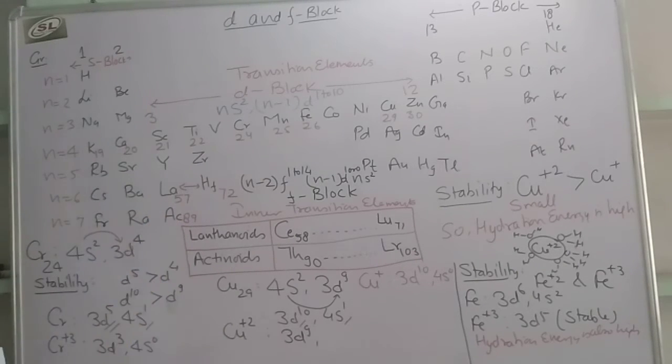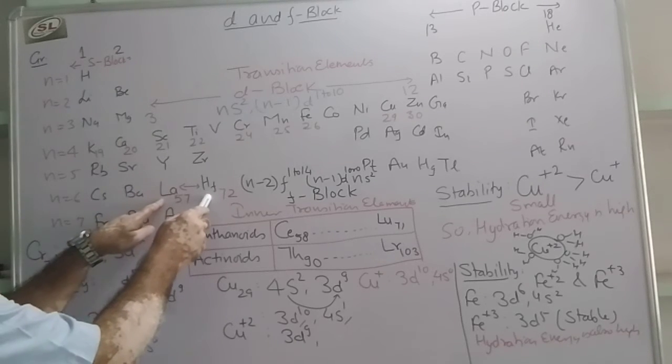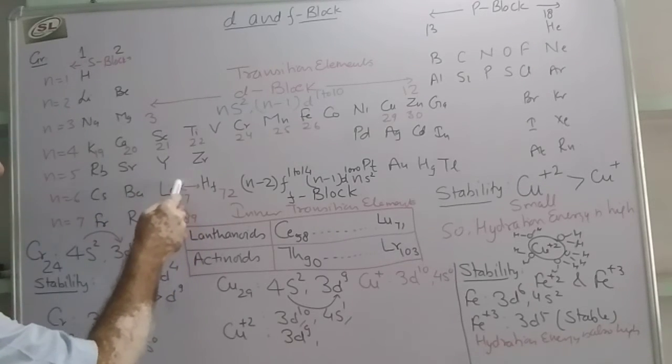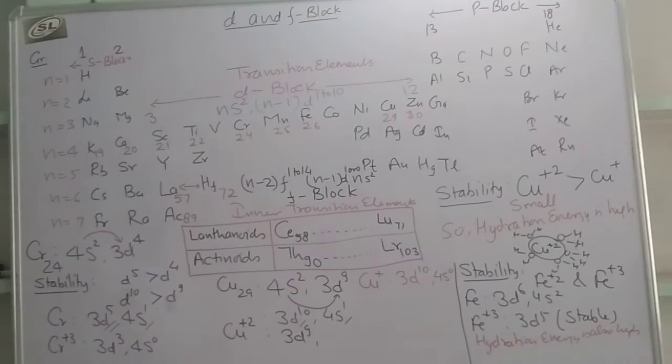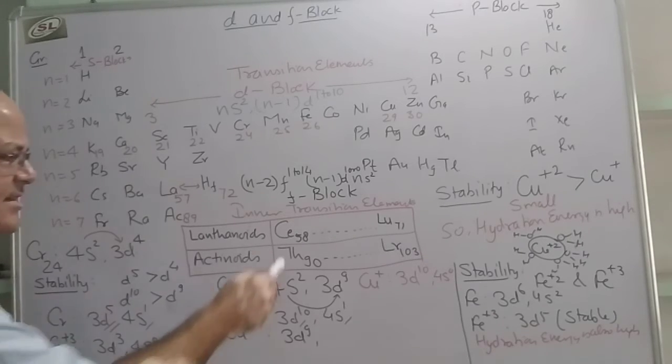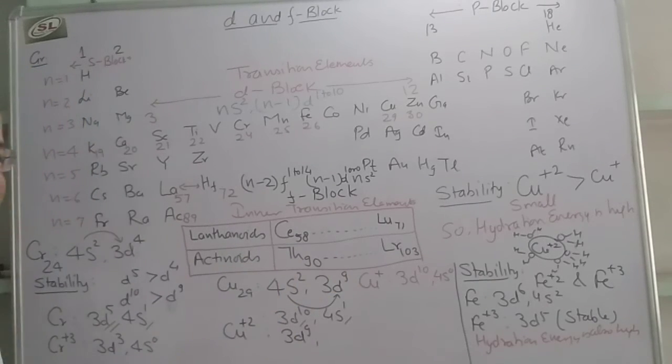Lanthanum has atomic number 57. Hafnium has atomic number 72. In between these two elements, the elements present are called lanthanoids. As the last electron enters the F subshell in these elements, they are part of the F block.